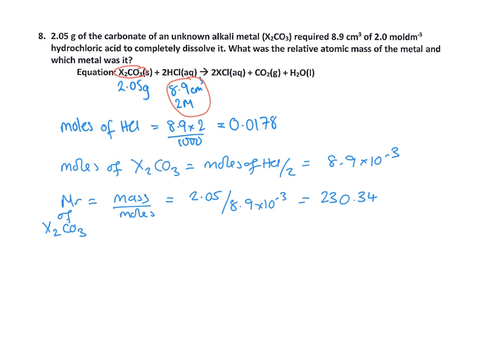Okay, so that's the mass of all of this. We want to be able to take away the carbonate bit, so it just leaves us with X2. So we're going to be looking at 230 minus the carbonate is going to be the mass of X2.